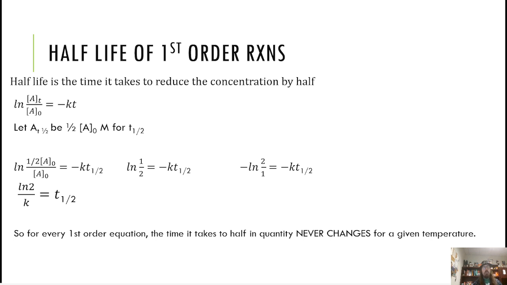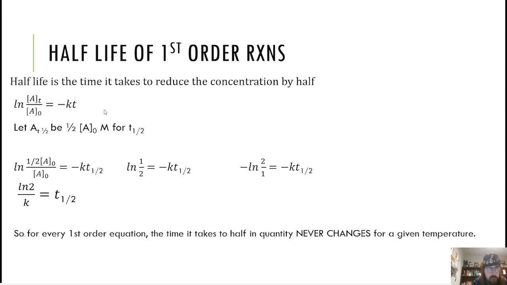What's more, because this is linear, we can calculate the time it takes for half of a given concentration to decay or react. It doesn't matter what A sub 0 is, because A sub t is half that value. If A sub 0 is 10, A sub t is 5. If A sub 0 is 30, A sub t is 15.